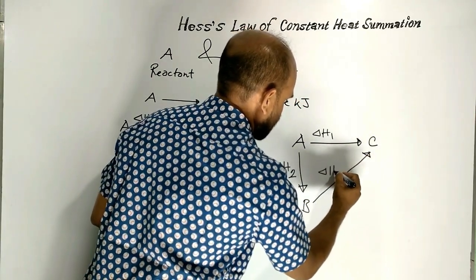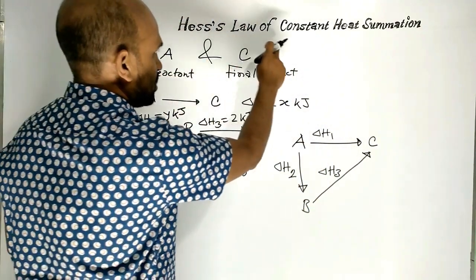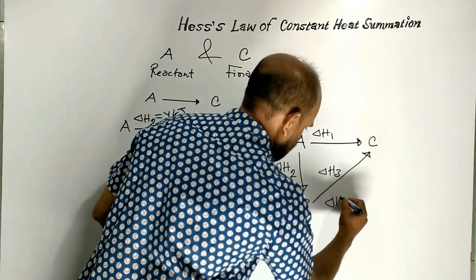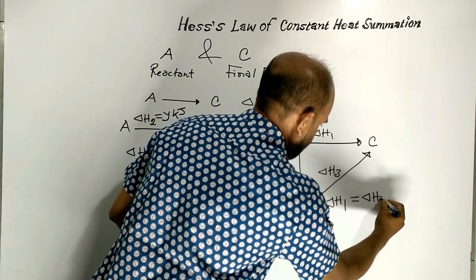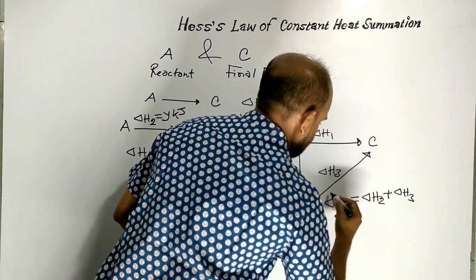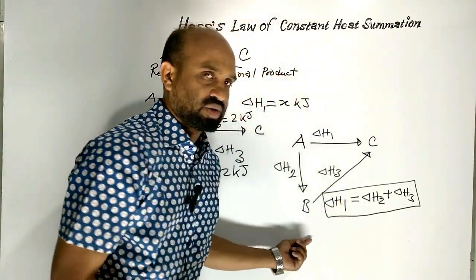Here delta H3. Then, according to Hess's law of constant heat summation, we can write delta H1 is equal to delta H2 plus delta H3.